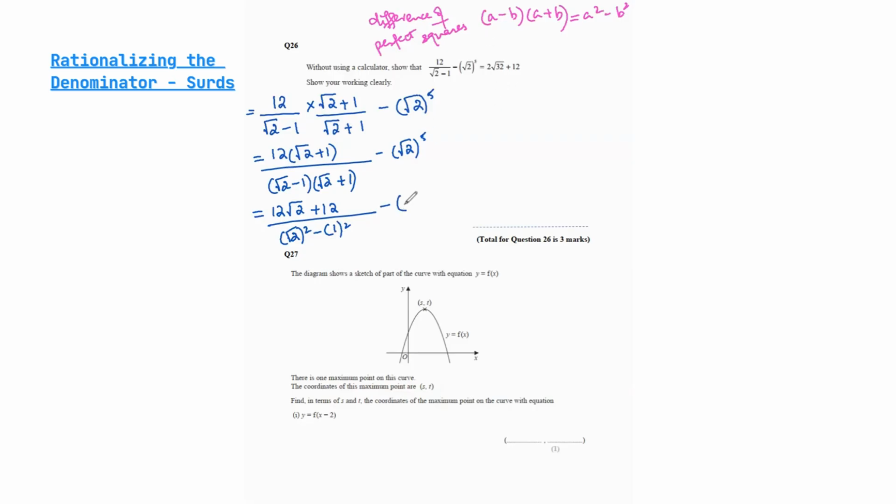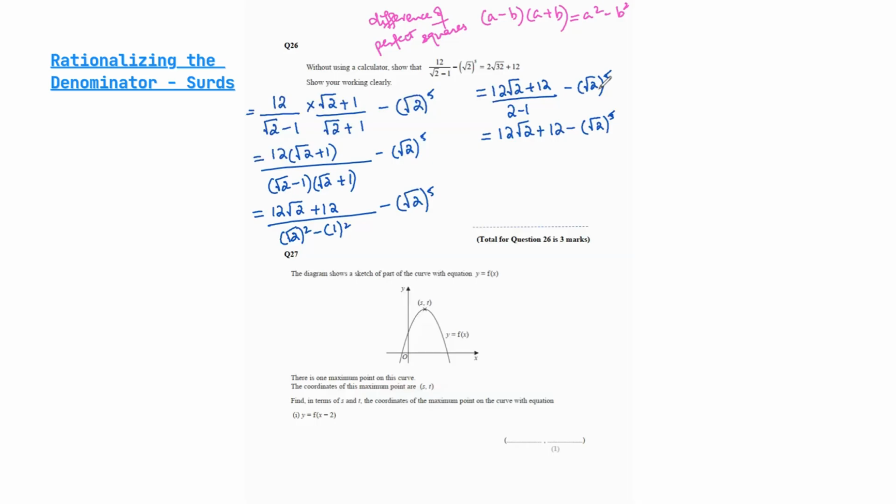And then this minus root 2 to the power 5 comes as it is. So that's going to give us 12 root 2 plus 12 over, square of a root is the number itself, so it's going to be 2 minus 1, which is 1. So it's 12 root 2 plus 12 minus root 2 to the power of 5.